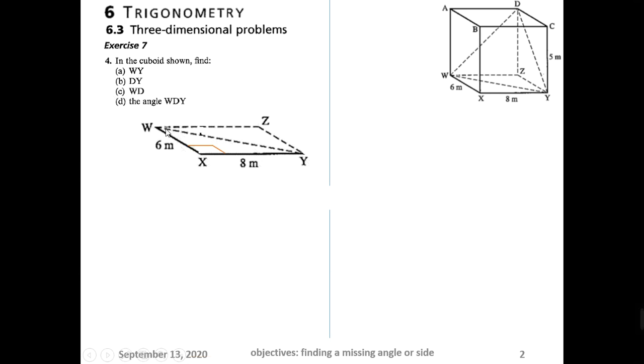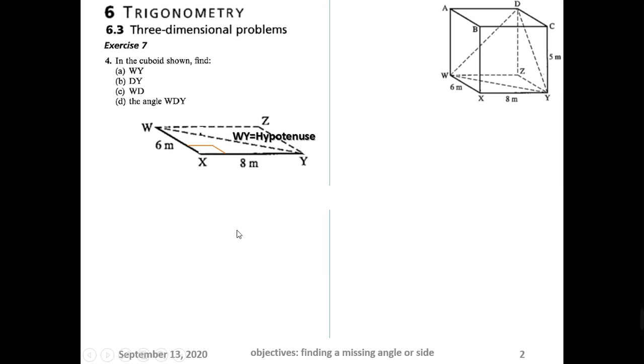Am I right? A right angle triangle, as you can see here. The diagonal WY in the right angle triangle is actually the hypotenuse. So the length of WY represents the hypotenuse in this right angle triangle. Fine.